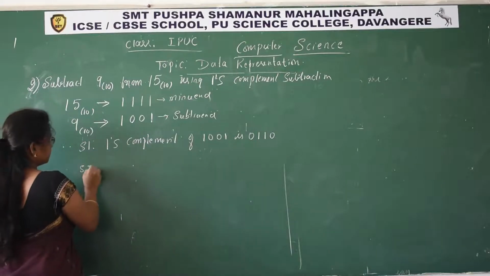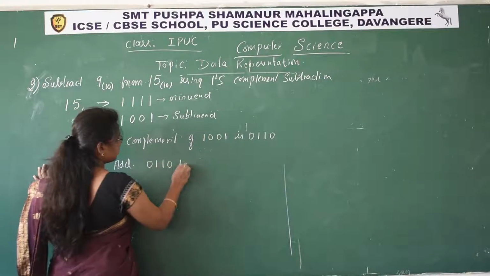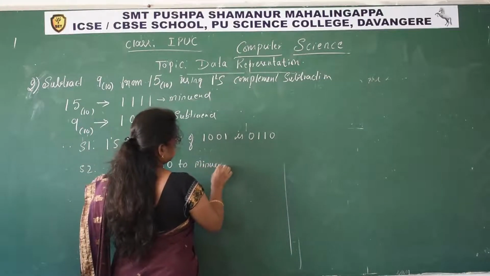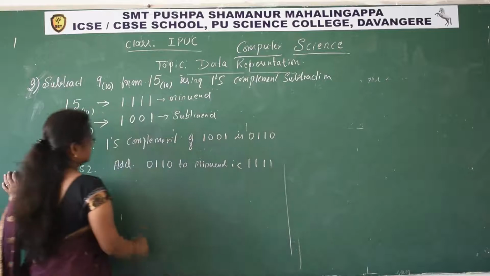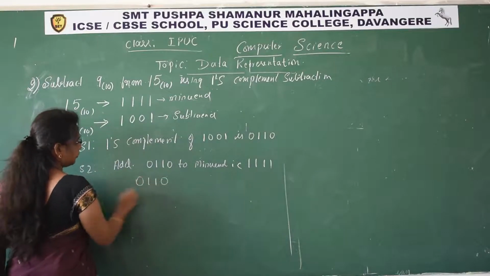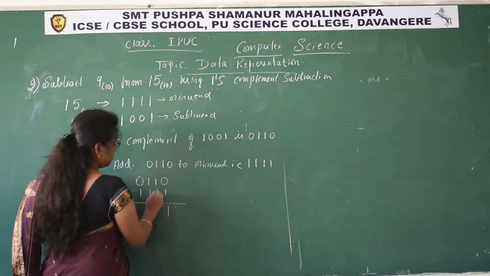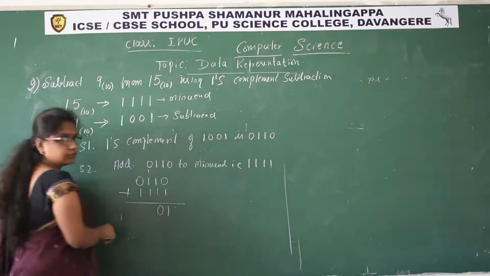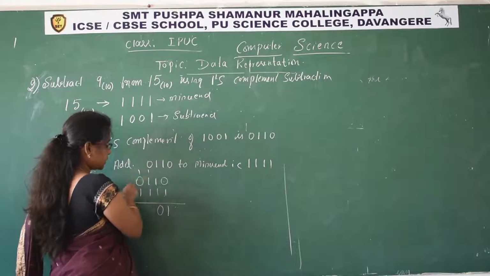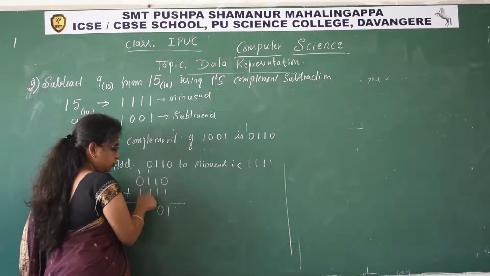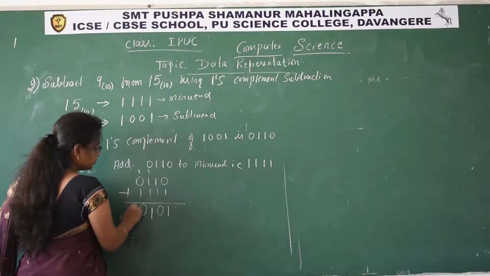Step 2: add 0 1 1 0 to the minuend, that is 1 1 1 1. How? 0 1 1 0 plus 1 1 1 1. 0 plus 1 is 1, 1 plus 1 is 0, carry 1. 1 plus 1 is 0, carry 1, and one more 1 is there, so 0 plus 1 is 1, 1 plus 1 is 0, carry 1.